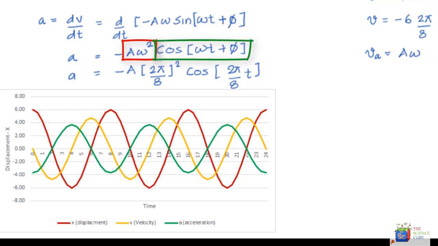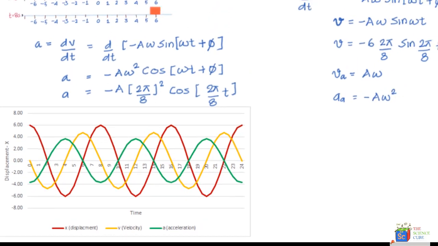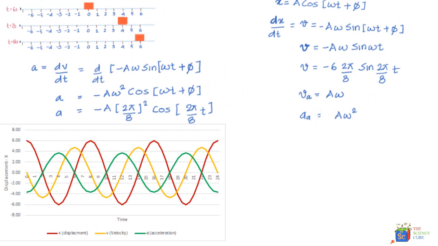So in a way you can say that, let's write it over here, amplitude of acceleration is equal to a omega square. Okay, let's rewrite this equation in this fashion such that a is equal to minus omega square A times cos of omega t plus phi.